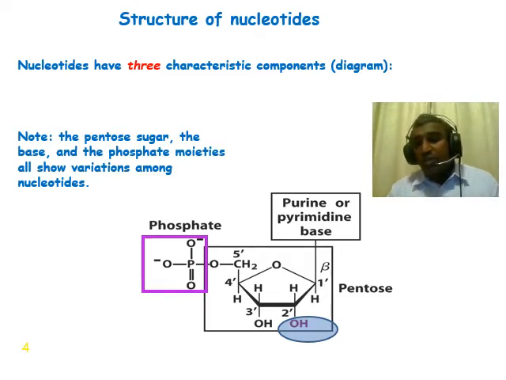When the OH is removed and replaced with hydrogen, then it's deoxyribose. If the OH is present as shown here, then it is a ribose, and it always comes at C2 prime.